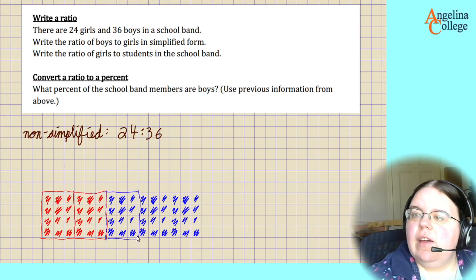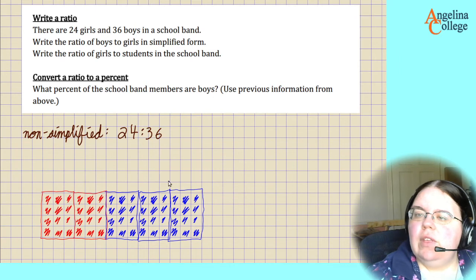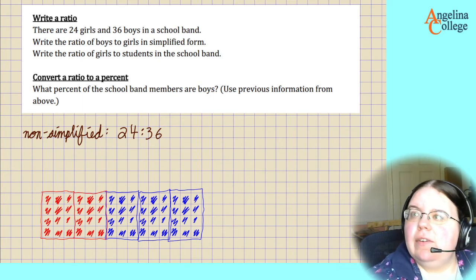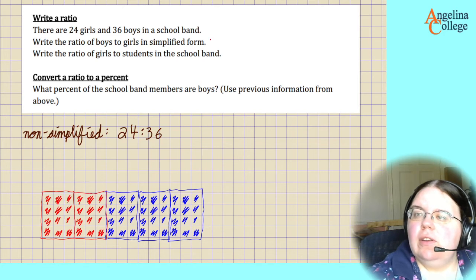So it turns out that that's the key. If you can find a number that is a factor of both, meaning that both groups can be grouped down into, we can say, okay, well, for each 2 girls, there would be 3 boys.